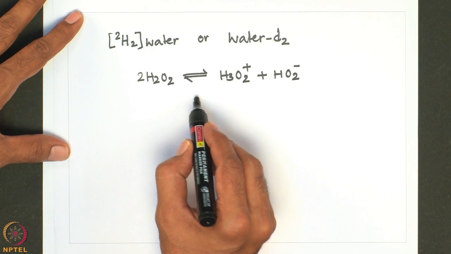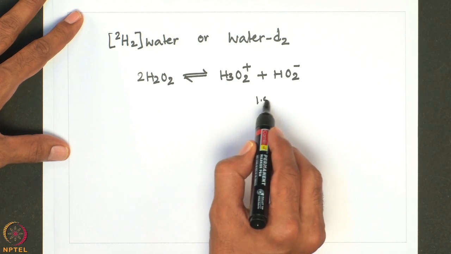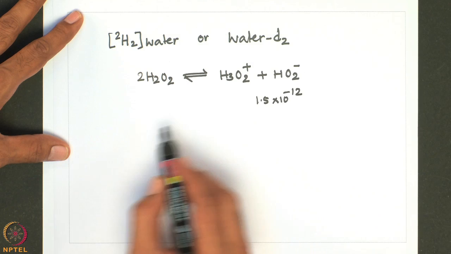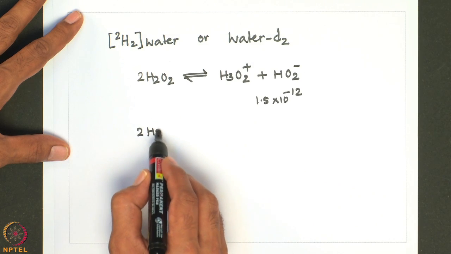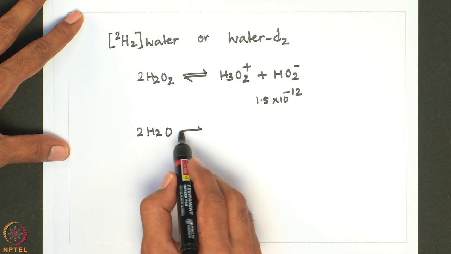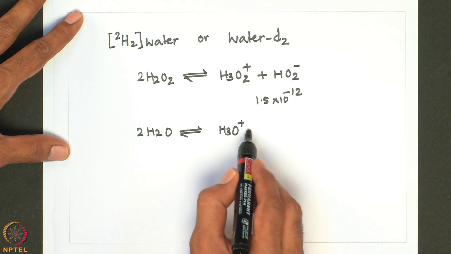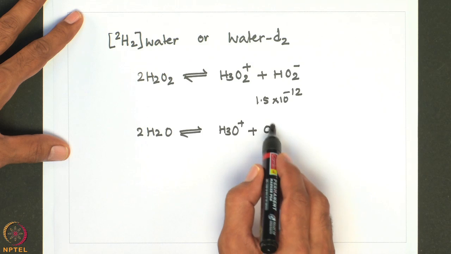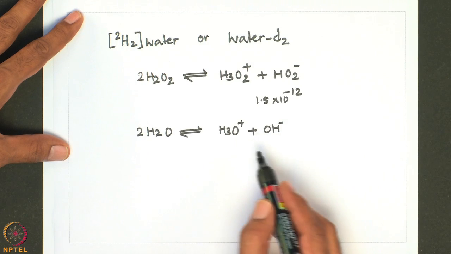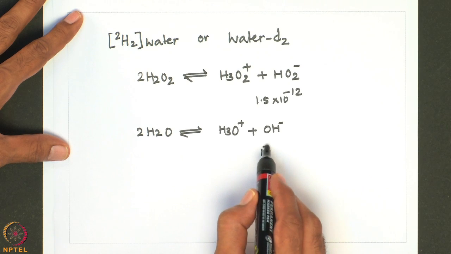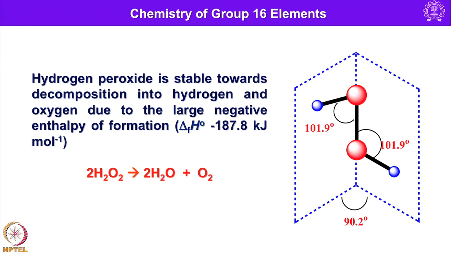If you look at the equilibrium constant, this is 1.5 times 10 to the power of minus 12. In the case of water, the equilibrium constant is 10 to the power of minus 14.